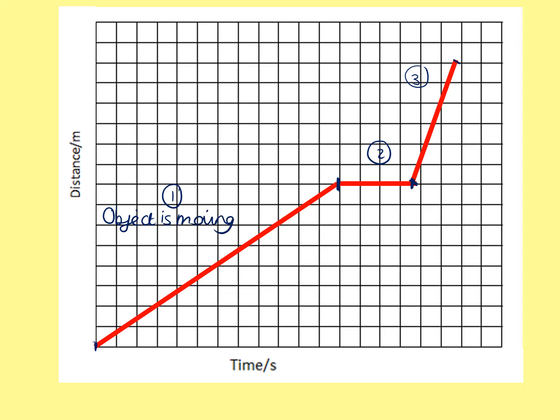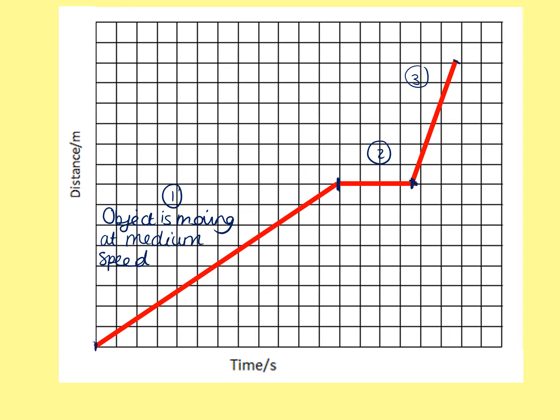Now, given that I've told you that the steeper the line, the faster they're going, I would say this is quite a medium speed because it's a medium steepness. So the object is moving probably at a medium speed. We don't know any numbers, but that's not important at the moment.